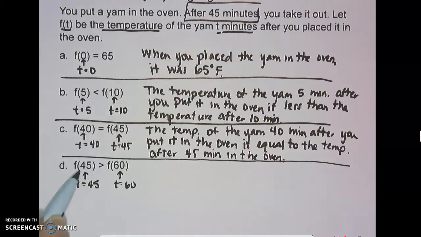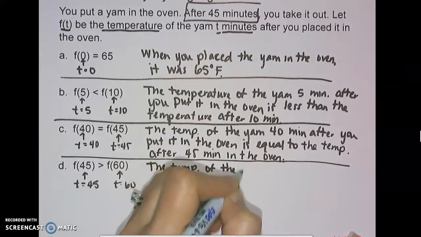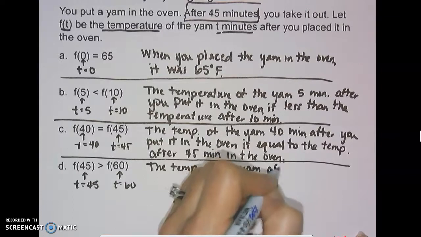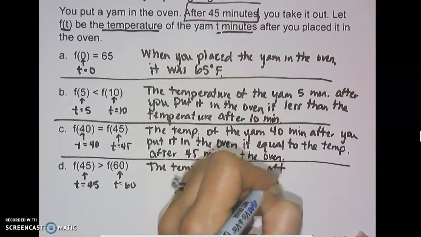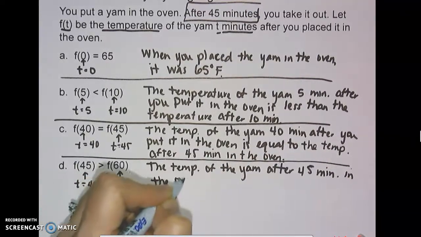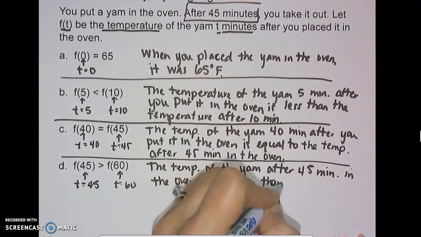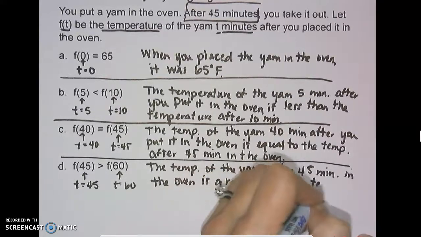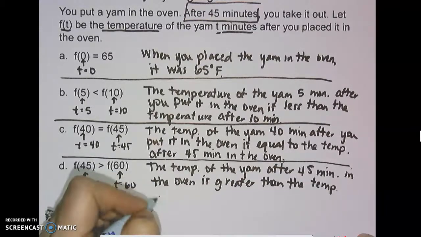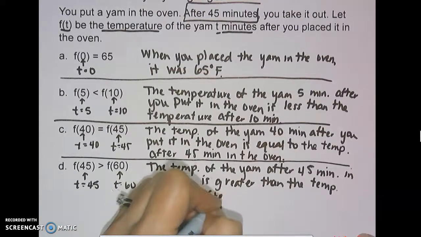So if f of 45 is greater than f of 60, this means the temp of the yam after 45 minutes in the oven is greater than the temp 60 minutes after going in the oven.